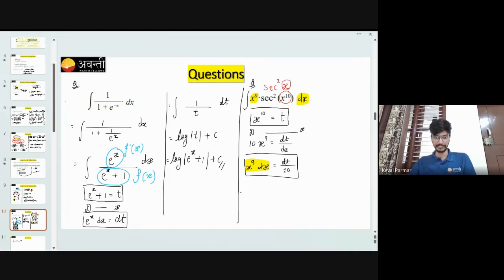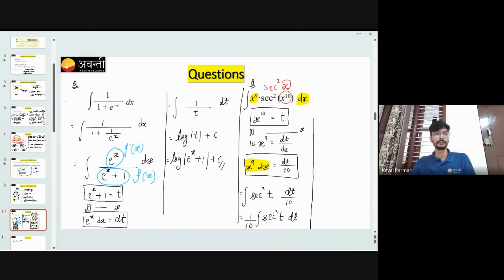So I will get integration of dt by 10, right? And I will get sec square t. Now, according to the first rule, 1 by 10 is constant. So I will get integration of sec square t into dt.